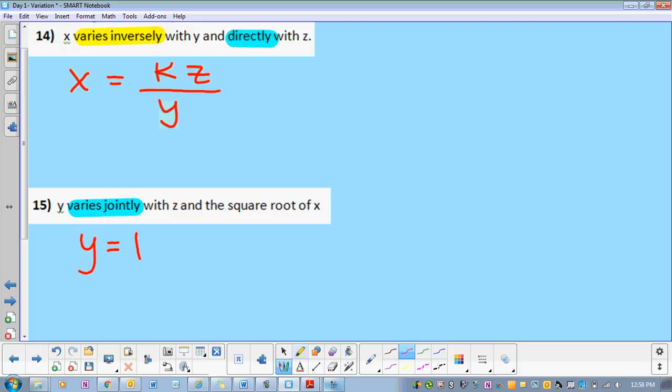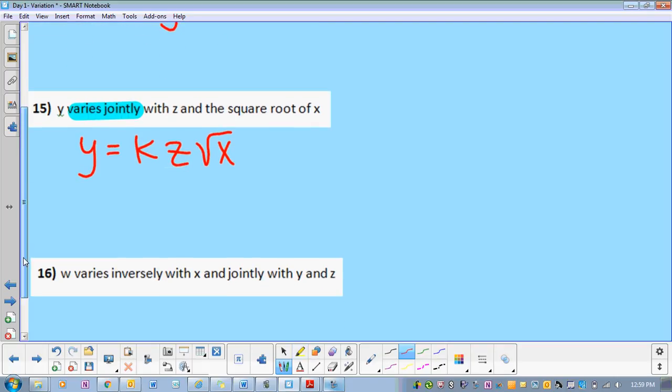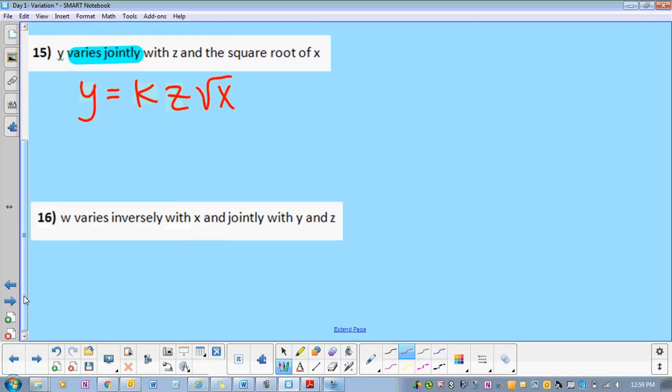So Y equals K jointly with what? Z and square root of X. Okay. They didn't say square of X, they said square root of X. Alright, so be careful. Try number 16.